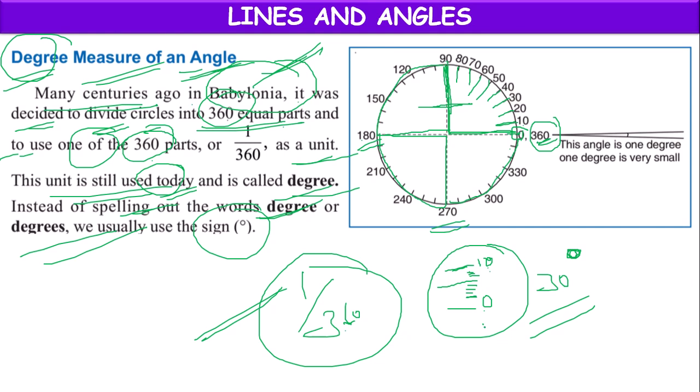Between 0 and 10, there will be 10 equal parts, and this 0 to the first part is called 1 degree. 1 degree, 2 degrees, 3 degrees, 4 degrees, 5 degrees, like that. So degree means the circle is divided into 360 parts. Out of that, one part is called a degree.